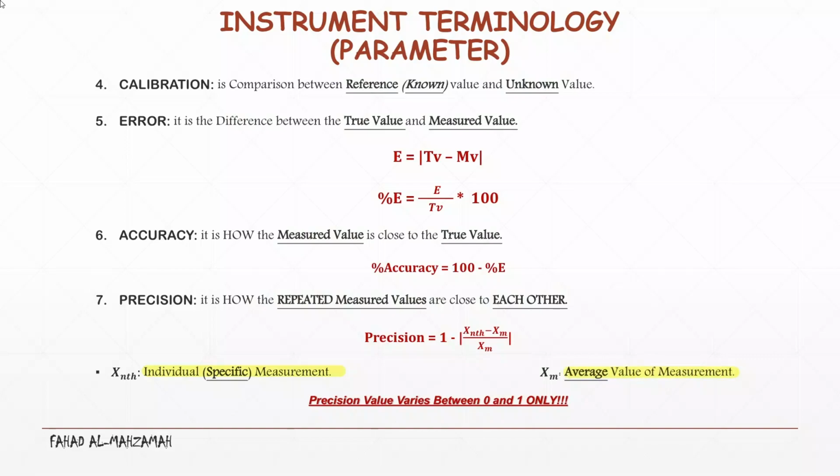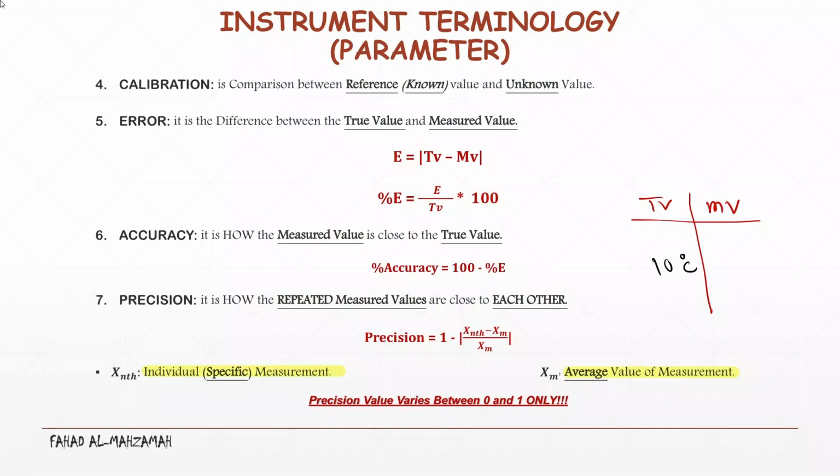For example, we said that you measure the 10 degrees Celsius 5 times. Let me write it here. This is the true value, and these are the measured values for the value of 10 degrees Celsius.